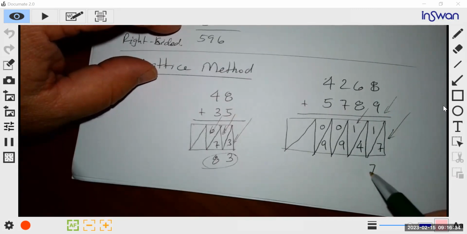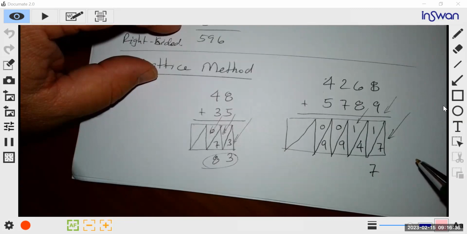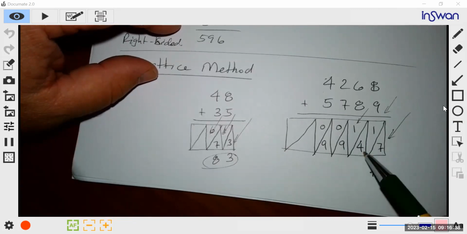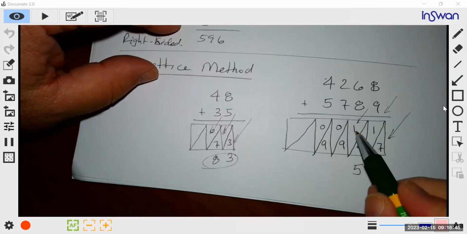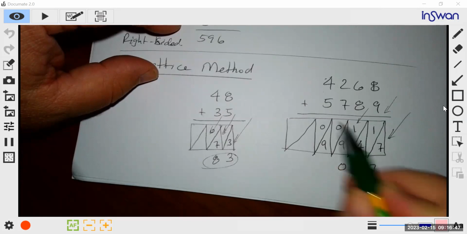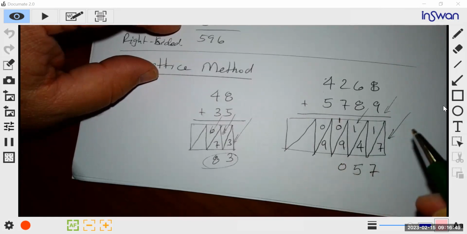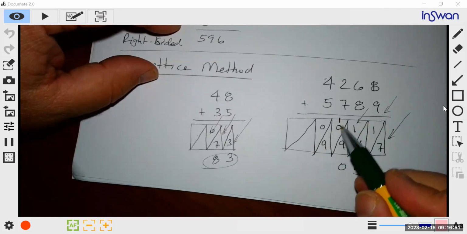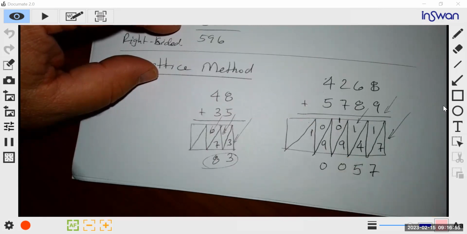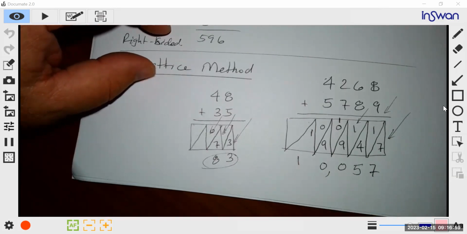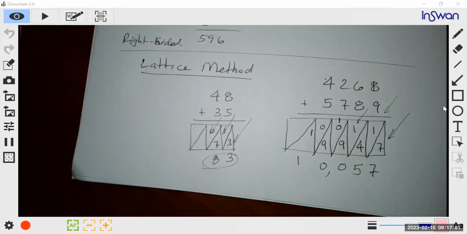So 7 is the first one. 4 plus 1 is 5. 9 plus 1 is 10, so I put the 0, carry the 1. 9 plus 0 plus 1 is 10, carry the 1. And then 1. So the answer is 10,057.